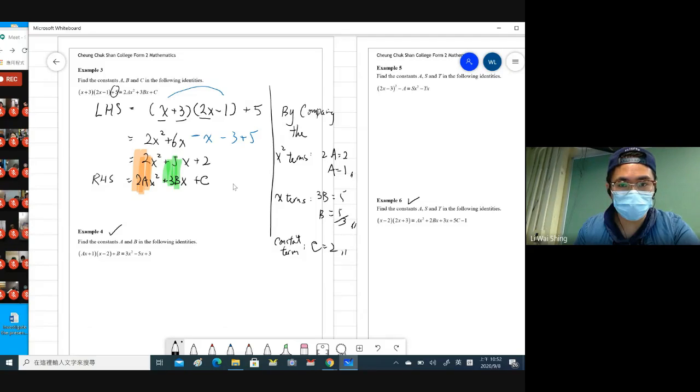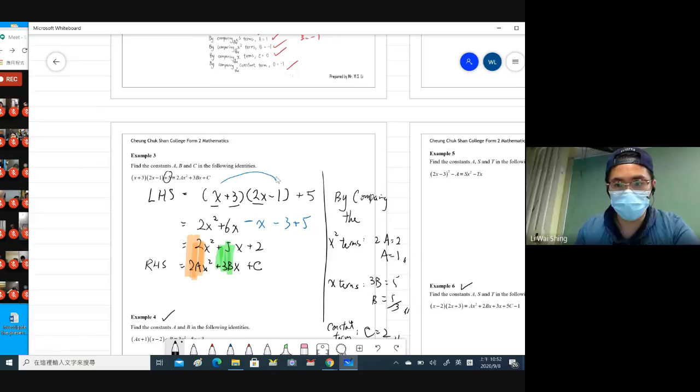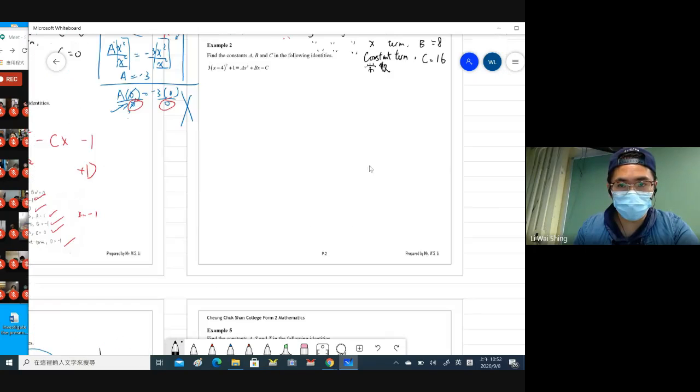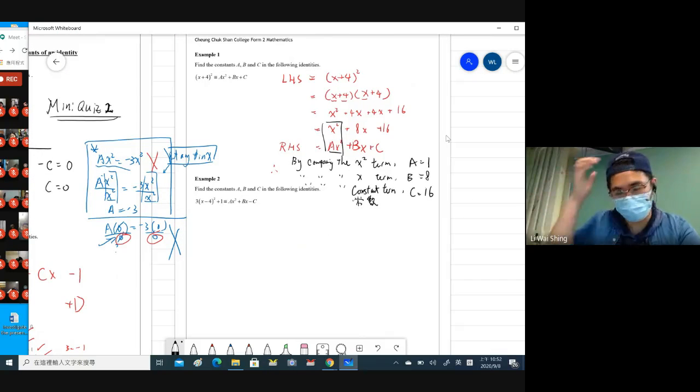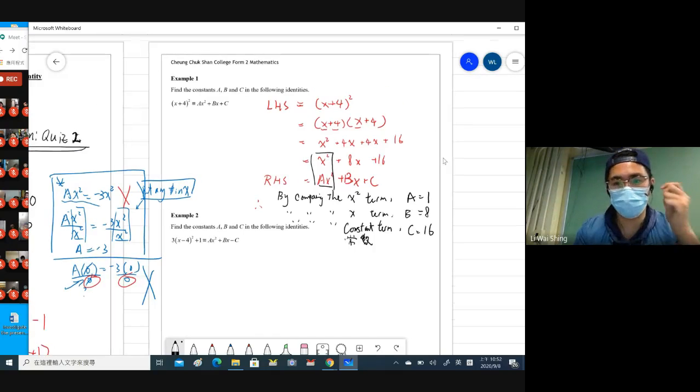Okay, sure. Example 1, sure. Wait a second. In order to get the CP, okay, active learning part, doing extra examples counts as one of the CP.